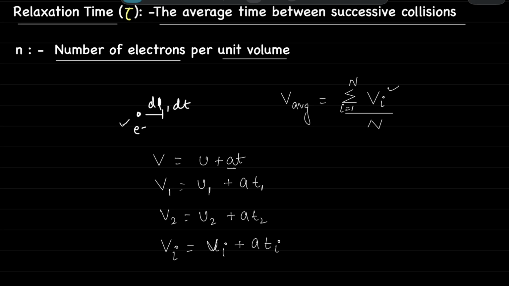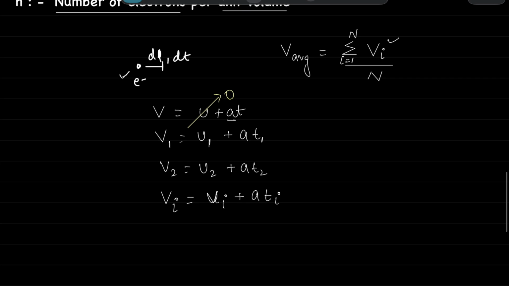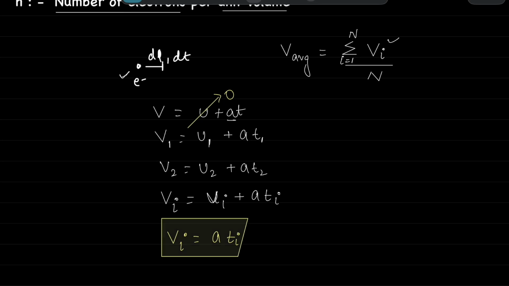And as we discussed already, the initial velocity is considered to be 0 because that's the starting point. So from there we can consider Vi is equal to A into Ti. In this relation, what will happen if we substitute in place of Vi?